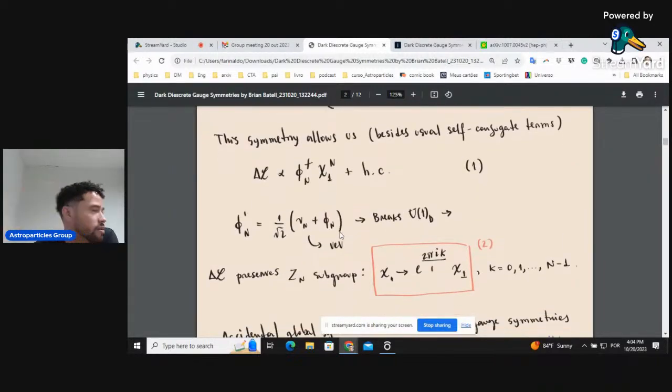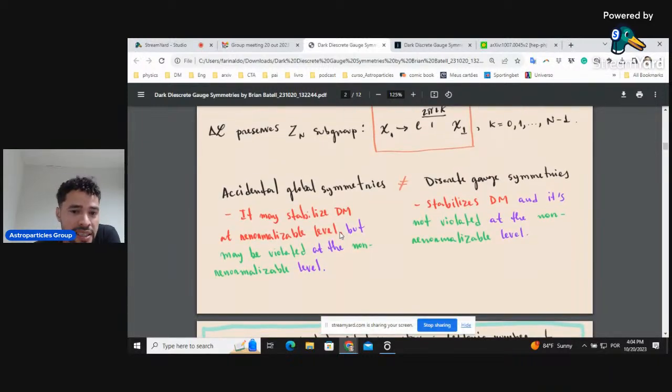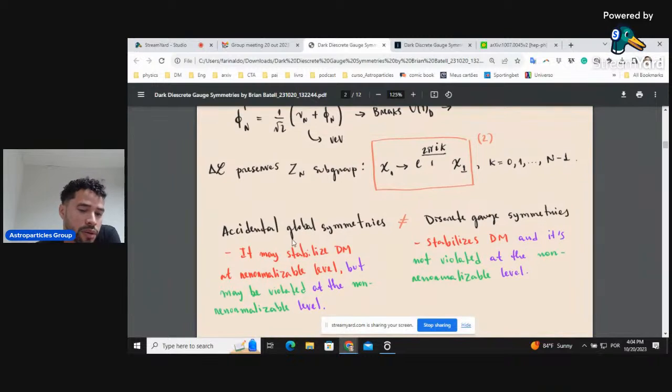Okay, I will just follow my notes because I think it will be faster. But okay, so basically in the paper he defines the difference between accidental global symmetries and discrete gauge symmetries. Basically, the discrete gauge symmetries come from the gauge symmetries after breaking. So in the case of accidental global symmetry, it doesn't happen.